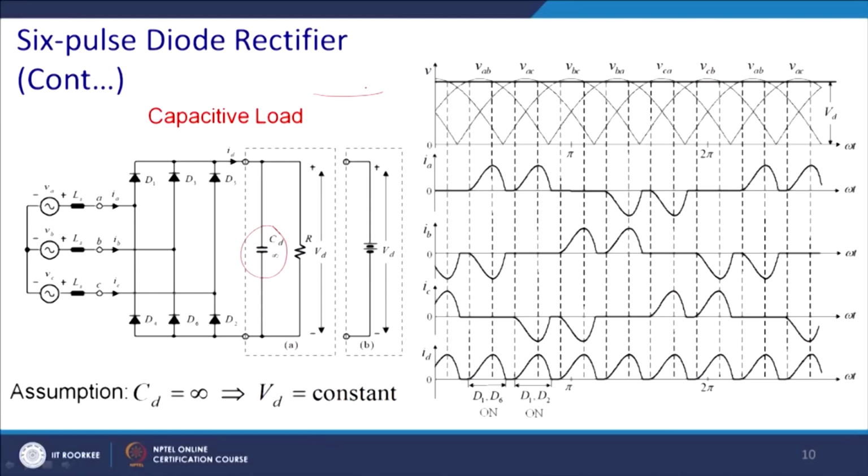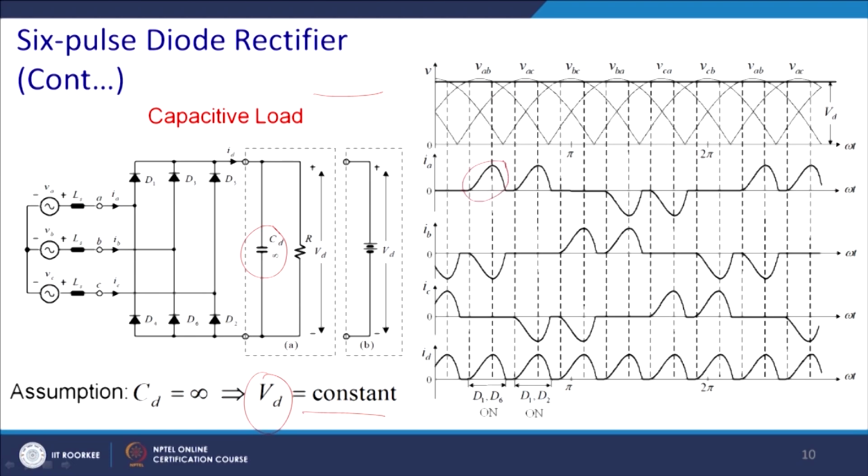Now, generally you want a constant DC bus voltage, and due to that you require a huge capacitor, and once you put a huge capacitor it becomes constant. In that case what happens is quite detrimental, because current will flow only once VAB crosses this value of VDC, and only for that much duration.